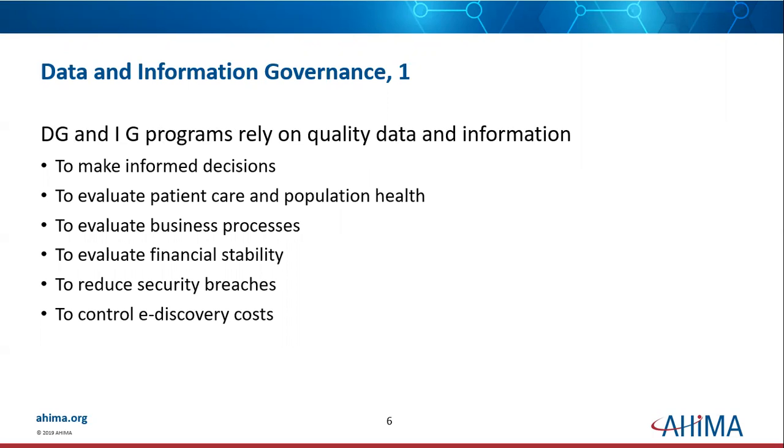All right, so the requirements include to make informed decisions, to evaluate patient care and population health, to evaluate business processes, evaluate financial stability, reduce security breaches, and of course, HIPAA infractions and breaches as well, to control e-discovery costs. Now, I know they said security breaches, but in fact, if you have a security breach, you as well have a privacy breach. Okay, so we need to treat it as such.